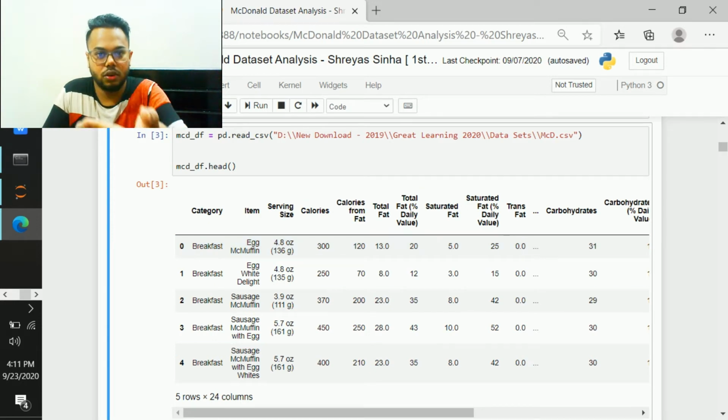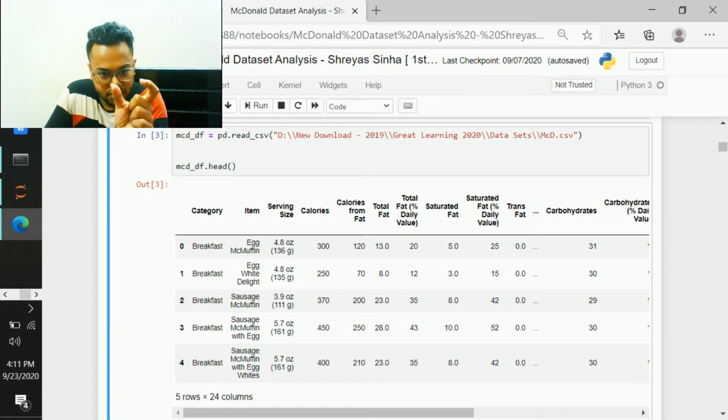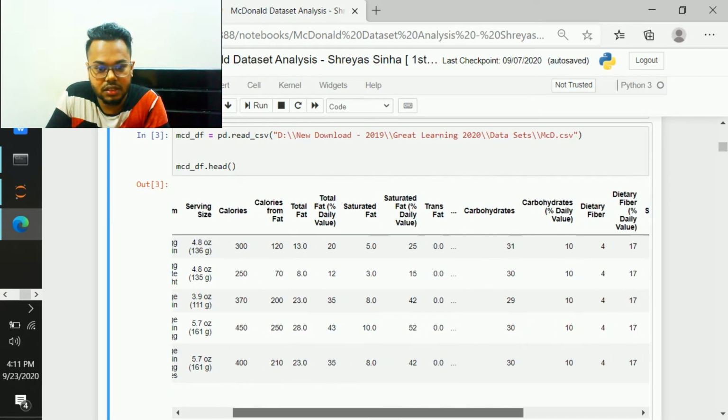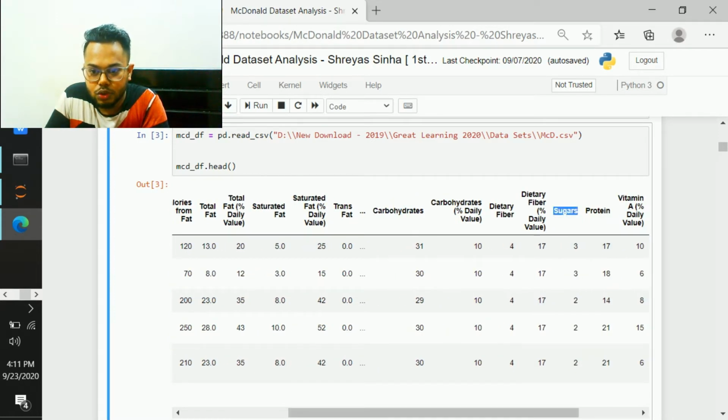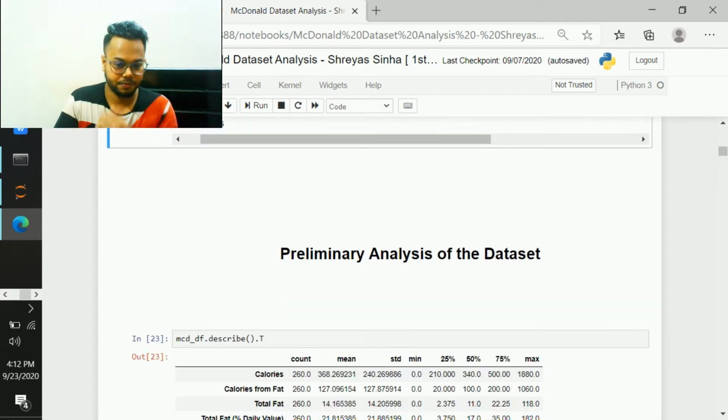And then there are the serving size, the calories, the fat, the saturated fat, carbohydrates, sugars, protein; all these constituents of the food have also been broken down and given in the data set.